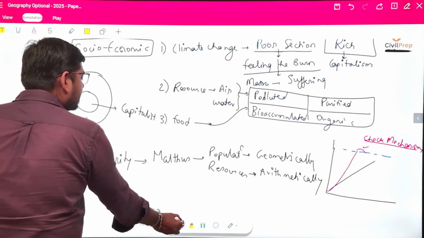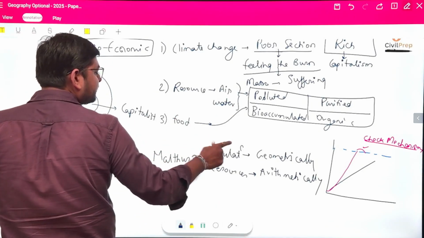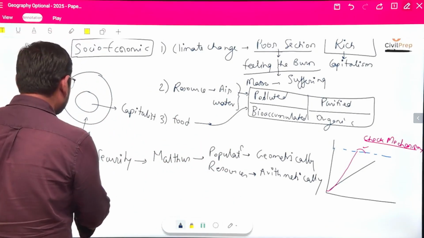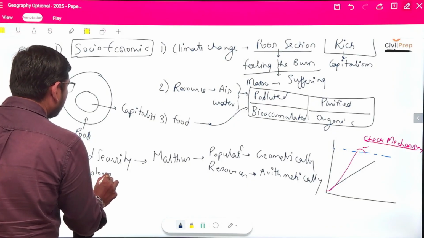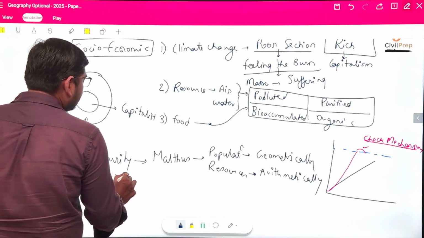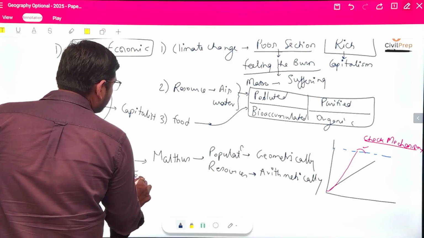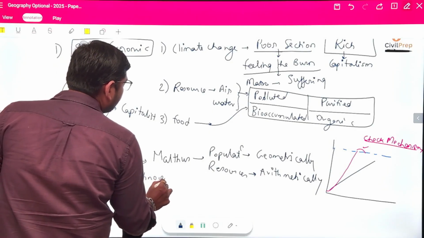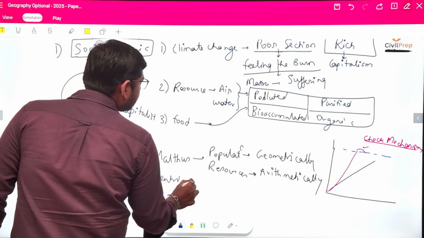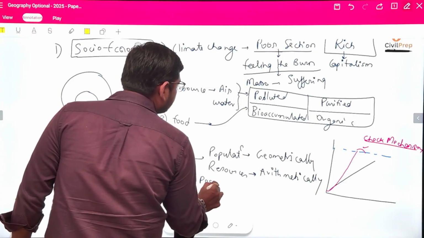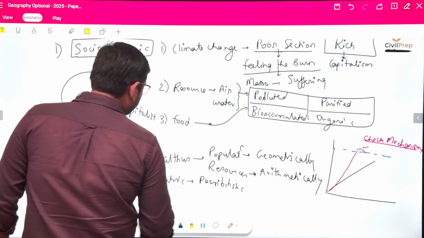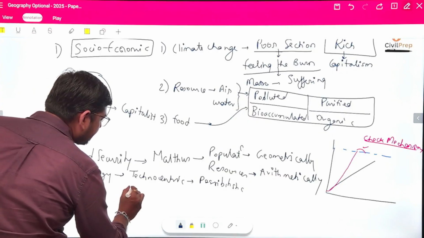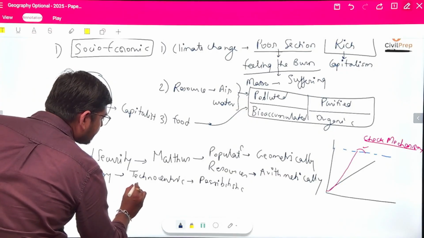But the next aspect which was taken up here, which was basically left out, was technology. Under technology, we have seen that there is a technocentric approach, which is more of a possibilistic view. But there is another approach, which is cornucopian.